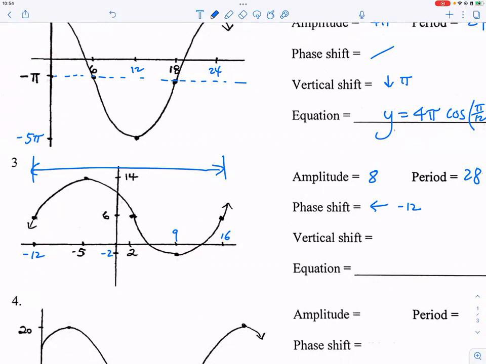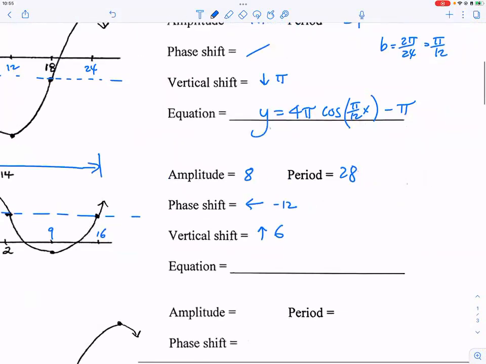Now, if you say shifted to the right 2 units, then you will have to do a negative sign. But if you just keep it positive, then we just say the whole sine function shifted to the left 12 units. Vertical shift, up 6. What's the b value? Pi over 14.